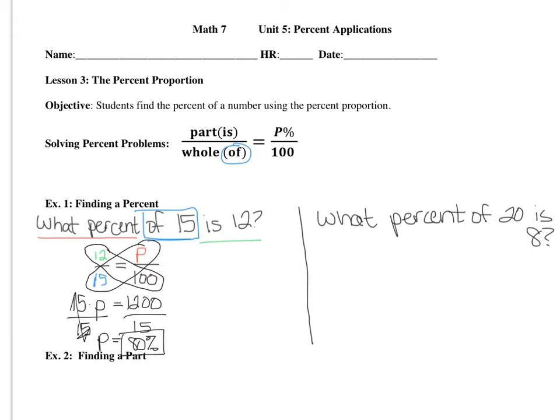What it's saying is that 12 over 15, if that's what you got on your quiz, you got an 80%. So 12 is 80% of 15. Now go ahead and try this example, what percent of 20 is 8, on your own and see what you come up with.